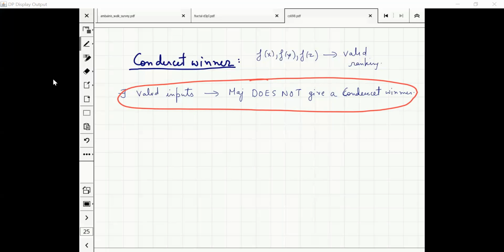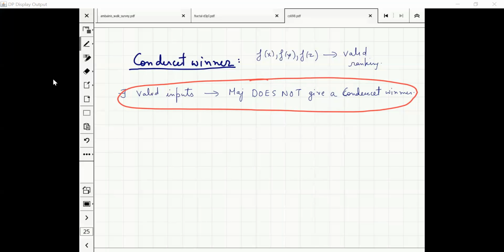No. Condorcet winner would be A, B, or C. But what we want to say is that for certain inputs, is there a Condorcet winner or not? Condorcet winner is someone who is winning unanimously, like he or she is winning against every other candidate. I guess that's a better way to define it.